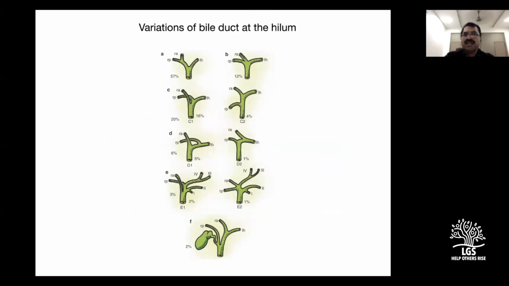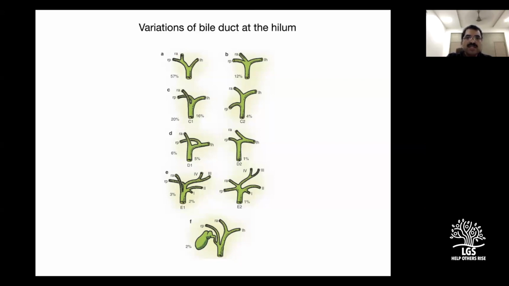The normal right anterior sectoral duct and right posterior sectoral duct forming the right duct, and the left hepatic duct joining together to form the common hepatic duct is seen only in 57%. And there are so many variations described, and they are all named as type A abnormality, B, when there is a triple confluence where the right anterior, right posterior, and left join to form a triple confluence, seen in around 12%.